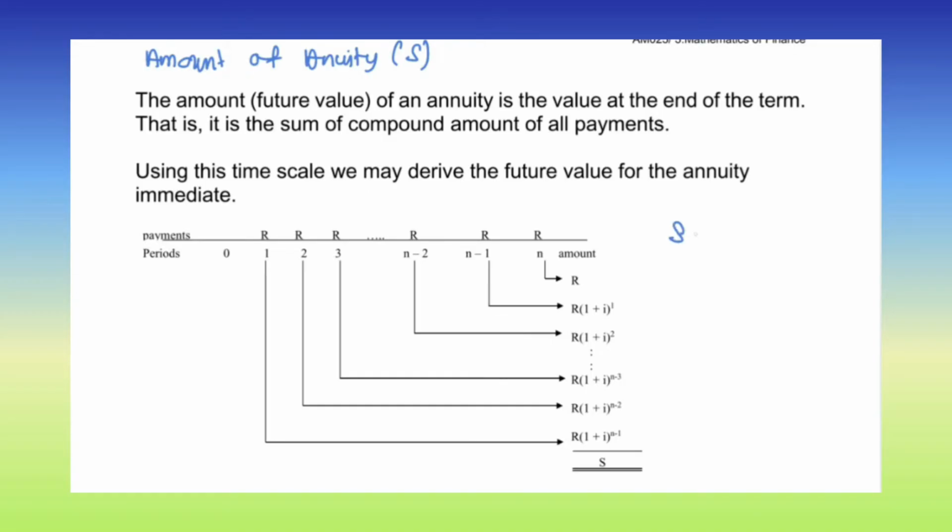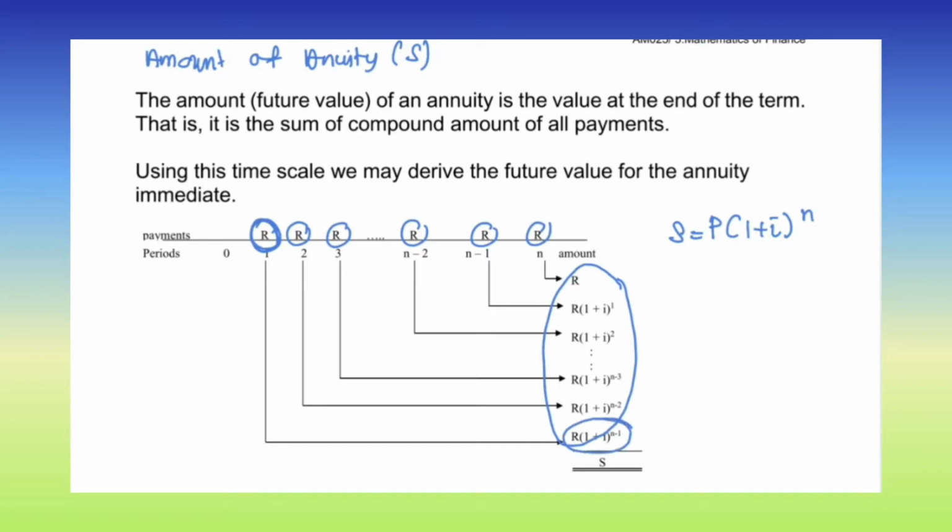We are going to use the formula for compound amount, S equals P(1 plus I) to the power of N. All of these R will be our P, principal, and this is our S. So consider the first R. The compound amount is S equals R(1 plus I) to the power of N minus 1, as this R will be compounded.